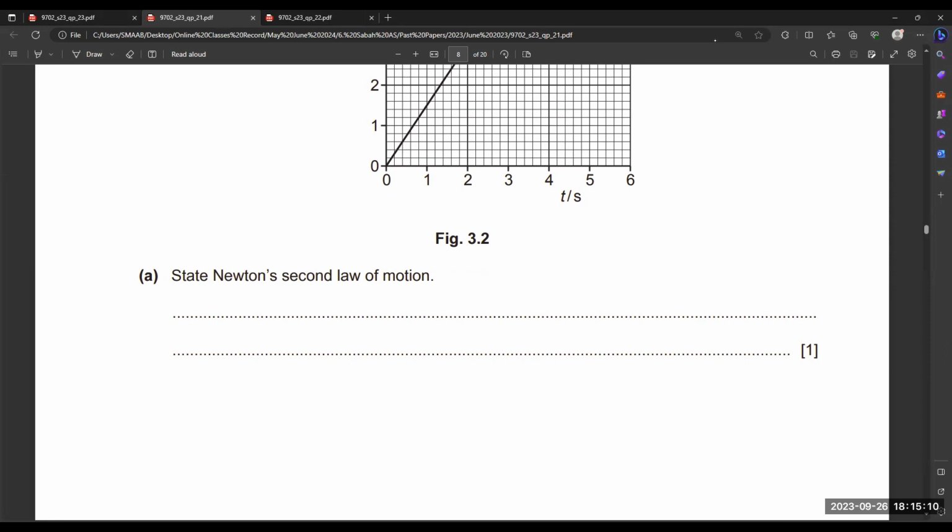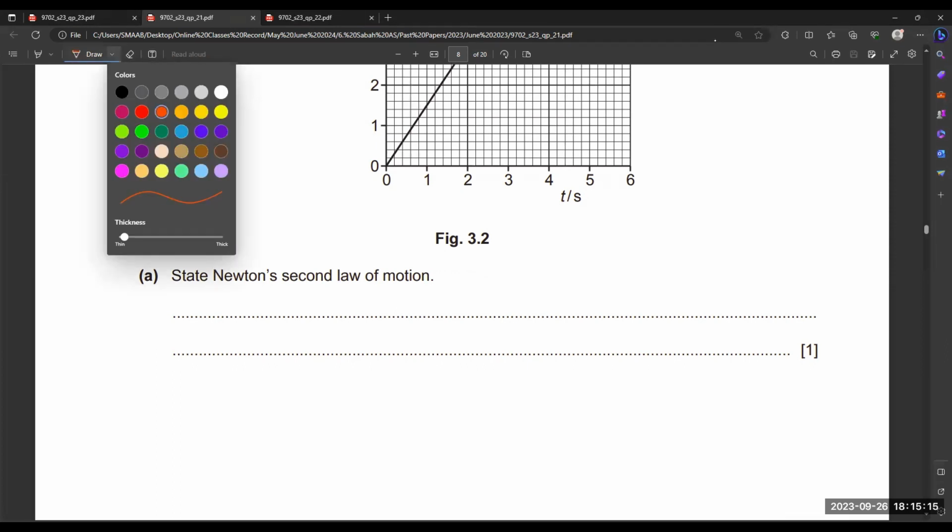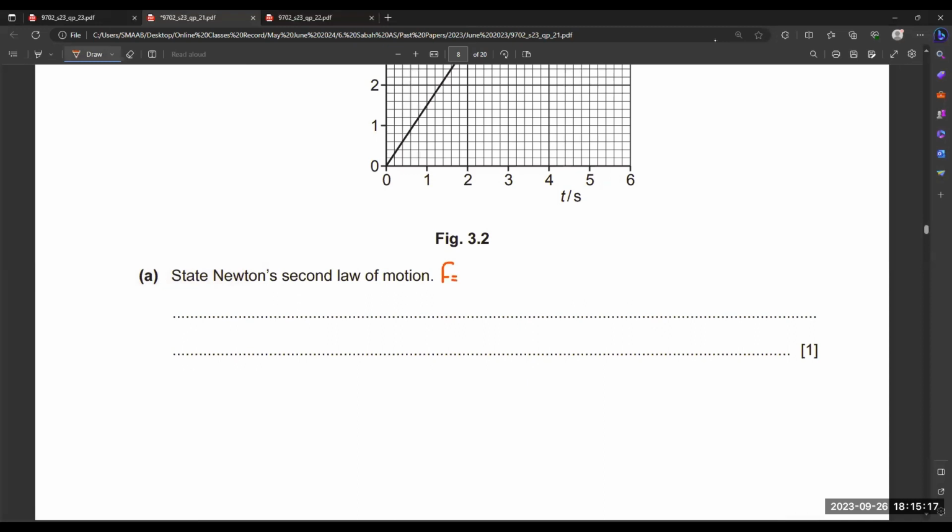Momentum, like F equals rate of change of momentum. So you have to explain that F equals ma concept, right? Or you can also explain with reference to the rate of change of momentum. So you can say that Newton's second law states that force is proportional to the rate of change of momentum.